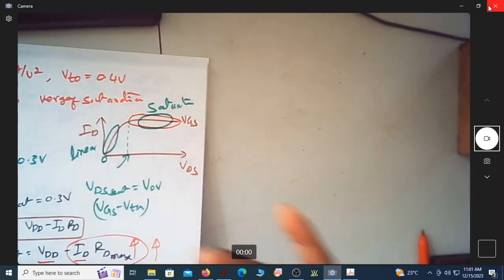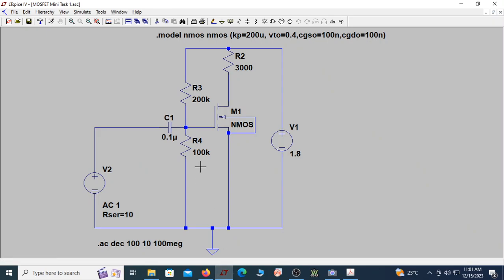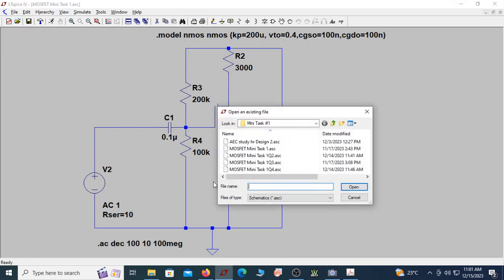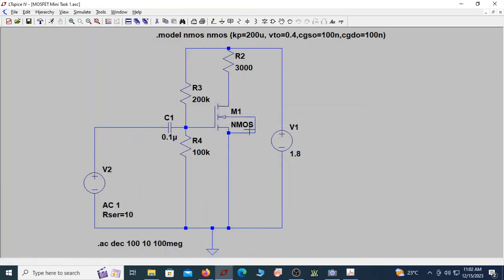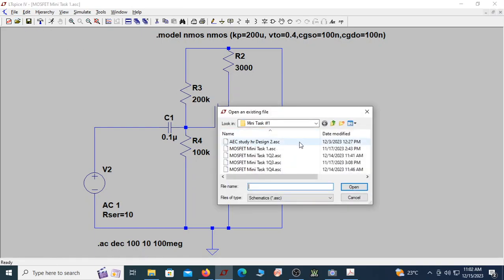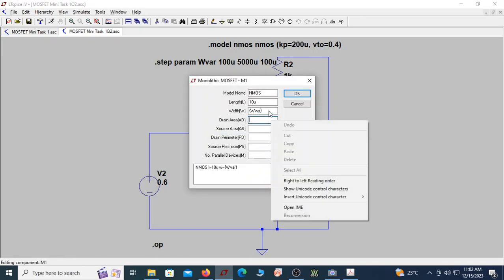So let us do a simulation to understand this. This is a mini task. Let me slightly modify this.